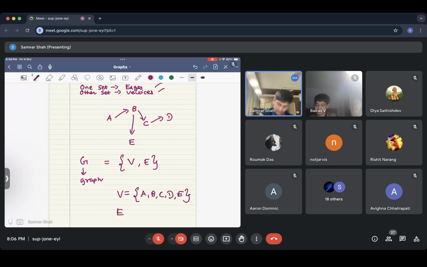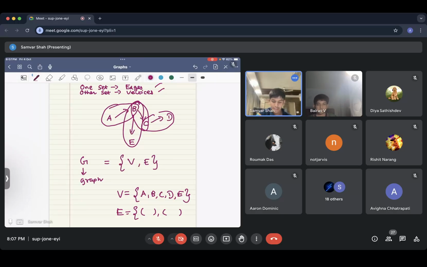And E would equal each of these edges: A to B, B to C, C to D, and B to E. The way we write it is usually as tuples, or this could itself be a set, but usually tuples are preferred for maintaining order. So now that I bring up the term order, just before that, did everyone understand what the basic structure of a graph is?